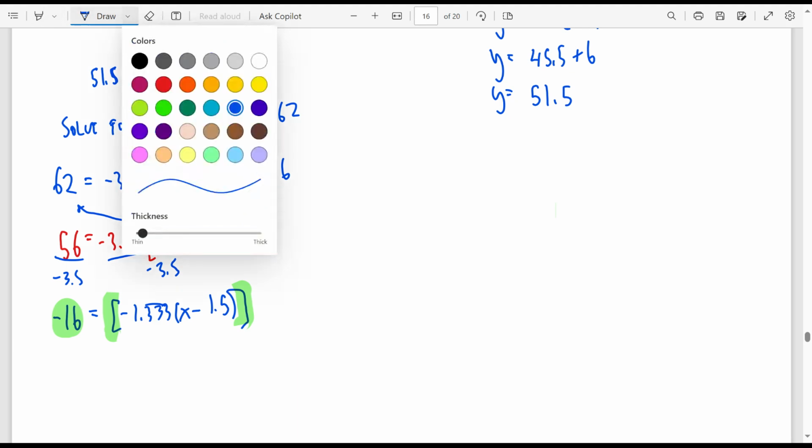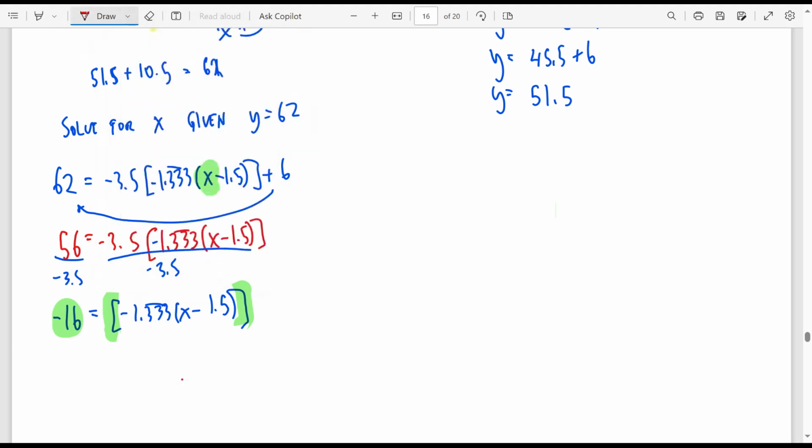We will now, and I'll use the phrase again, execute the bars. So what I mean by that is, this is going to split into two things. And I always do it this specific way. Whatever was inside the brackets, negative 1.333 repeating, x minus 1.5, it's going to be on the left-hand side now.